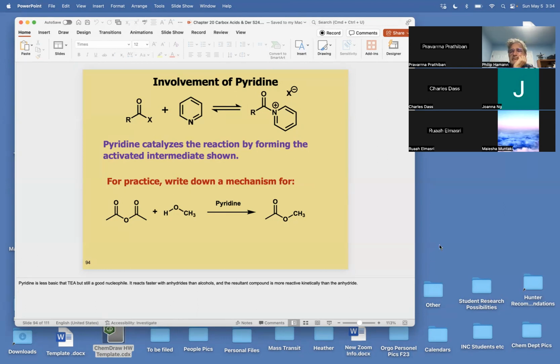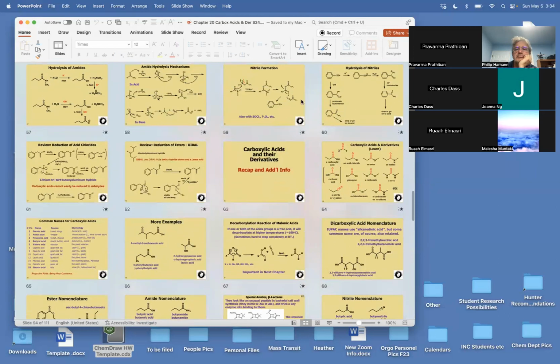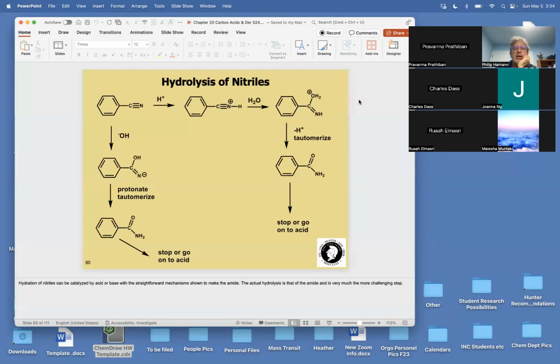Okay, I guess for slide 60, what do you mean by go on to the acid? Either one of these can be hydrolyzed, or the same compound. They can be hydrolyzed to carboxylic acid. We already show that. So this is hydrolysis of nitriles.